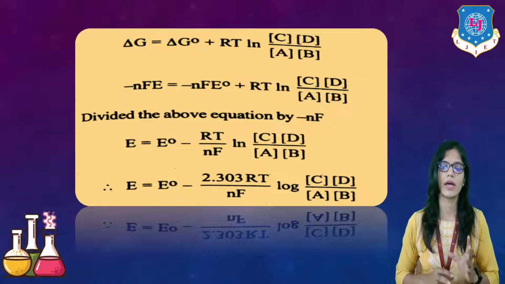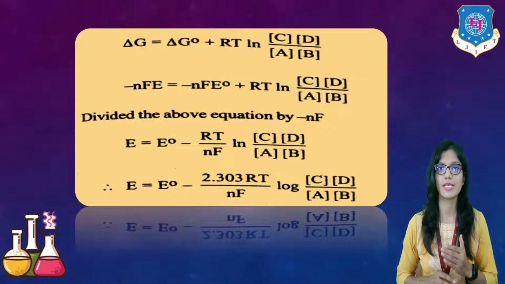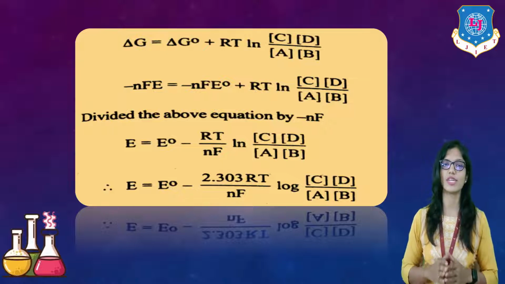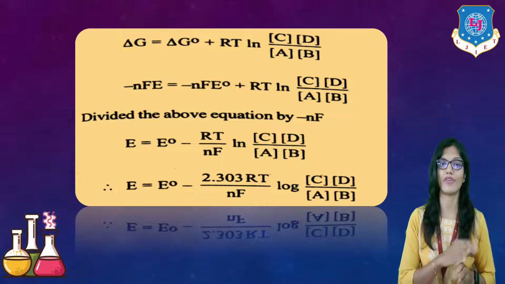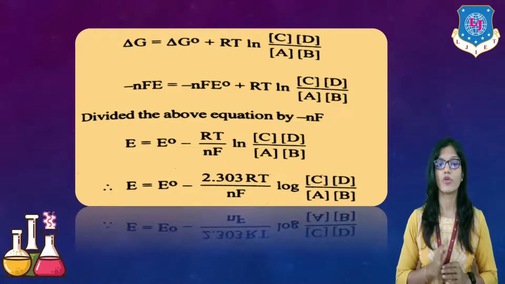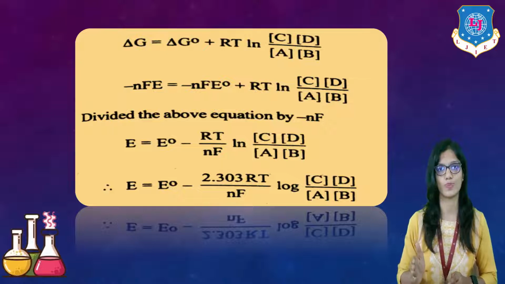If we put the values of delta G and delta G0 here, for delta G it's minus nFE, and for delta G0 it will be minus nFE0.